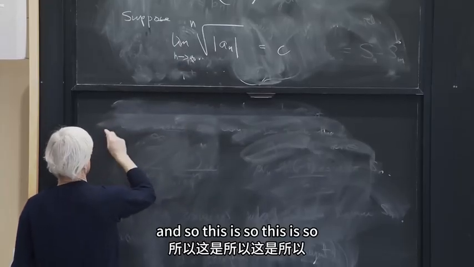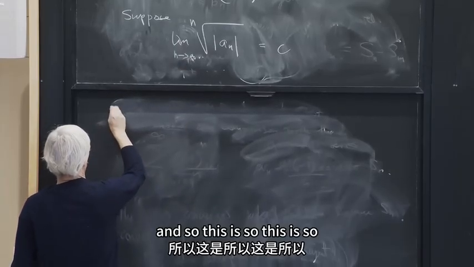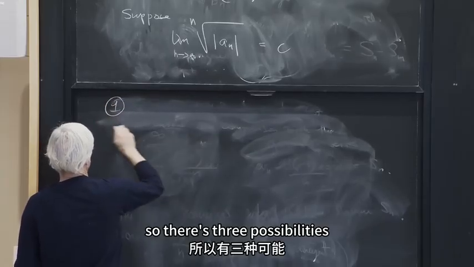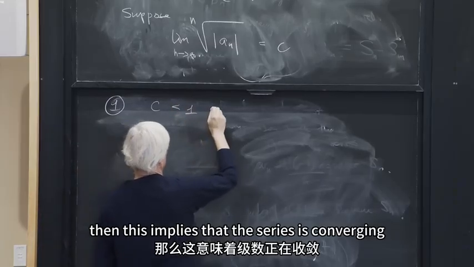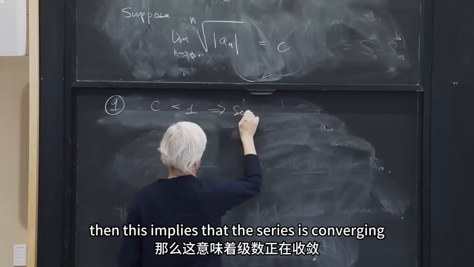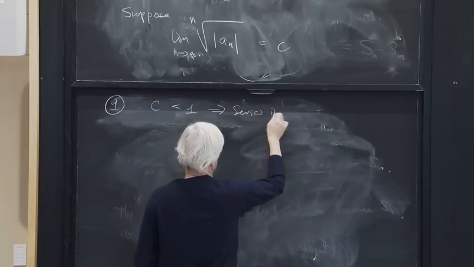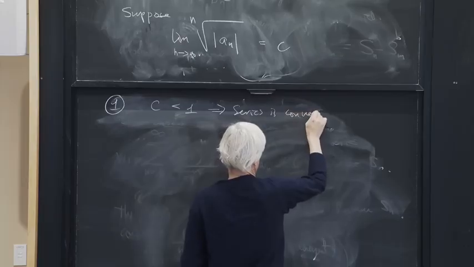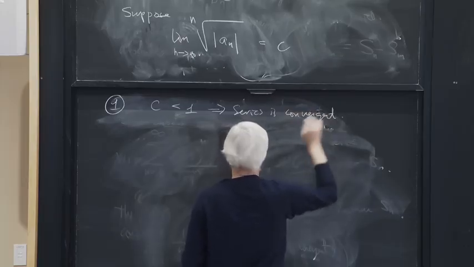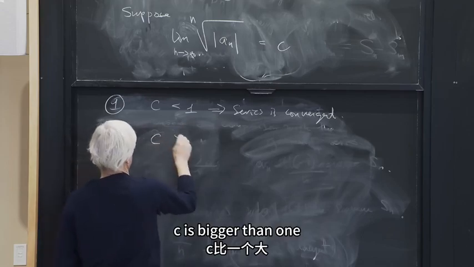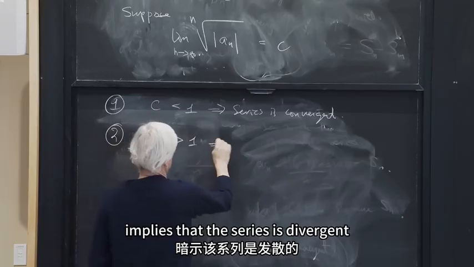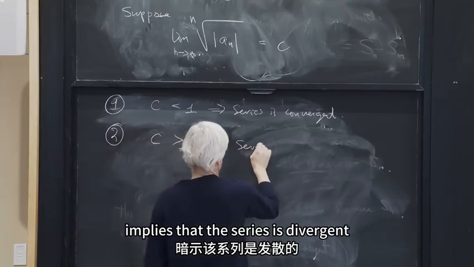So there are 3 possibilities. One, C is less than 1, then this implies that the series is convergent. Two, C is bigger than 1, implies that the series is divergent.